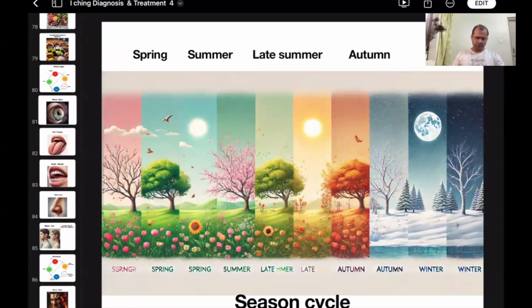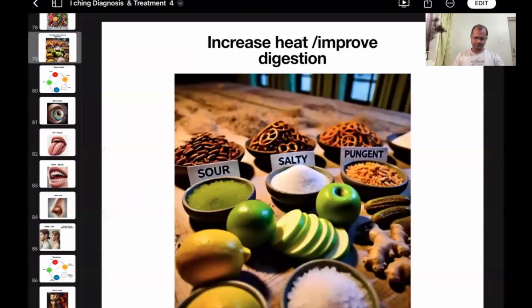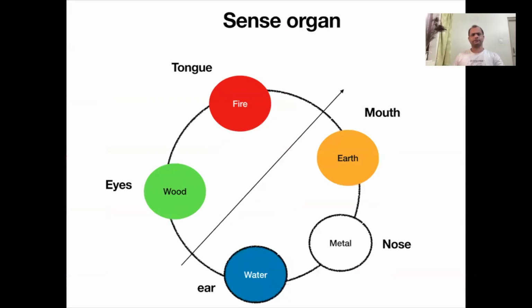Now, if we do the comparison with the body organ, अगर हम हमारे बॉडी के organs की बात करें, let's talk about the body organ. We are talking about the sense organ of the human body. Eyes are the window of wood. That's why we are telling eyes are doing the representation of the liver because we already know wood means liver and gallbladder.